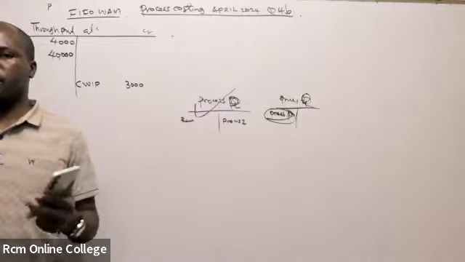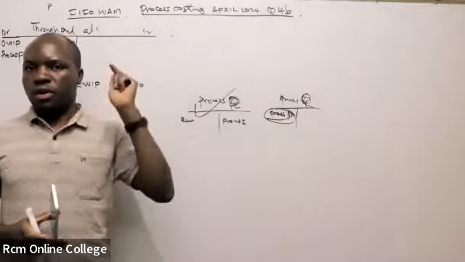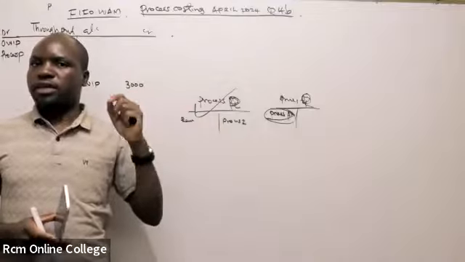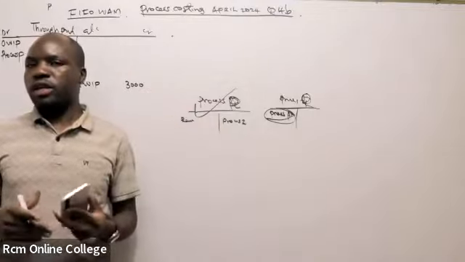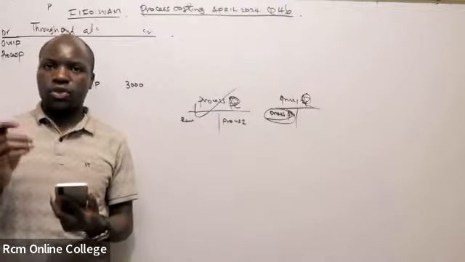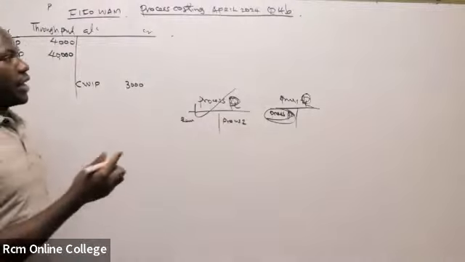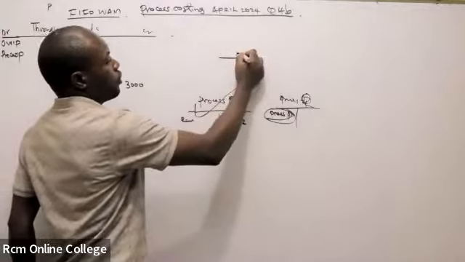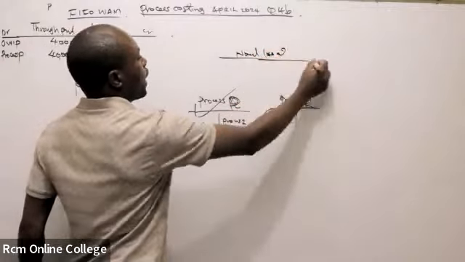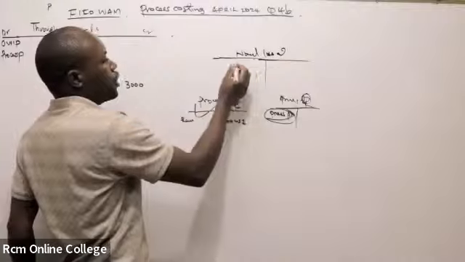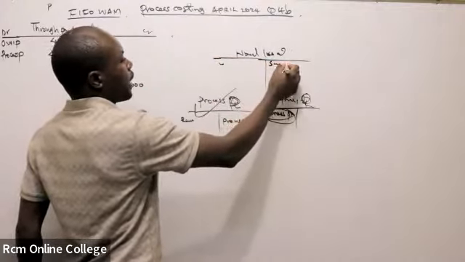The scrapped units are basically a combination of normal loss and abnormal loss, or normal loss and abnormal gain. That combination added together gives us the total scrapped units. You can recall from our Tuesday's class, when preparing the normal loss account, we brought in the normal loss units, which were taken to the scrap account.